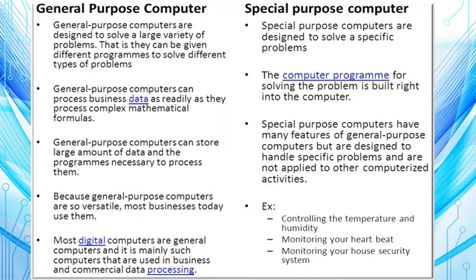Now the classification based on the purpose of computer. General purpose computers are designed to solve a large variety of problems. That is, you can give different programs to solve different types of problems. General purpose computers can process business data as readily as they process complex mathematical formulas.